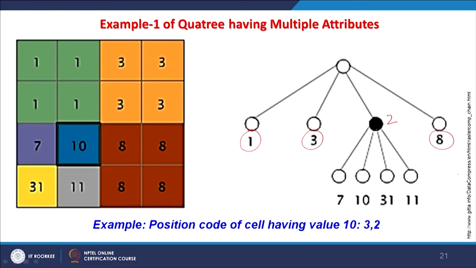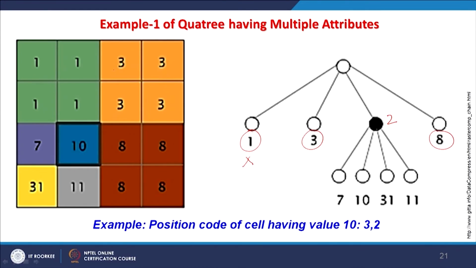An example is given here, and each cell here has some value, which is 1, 3, and so on. Here a lot of heterogeneity is there, but in this southeast quadrant you do not have much heterogeneity. So what is done here? For 1, homogeneity has been achieved, no further divisions.